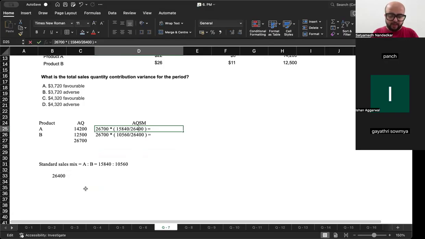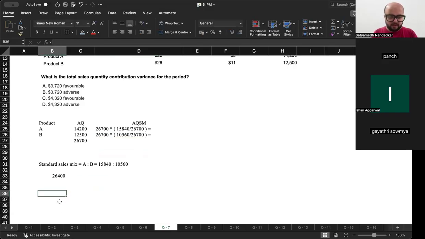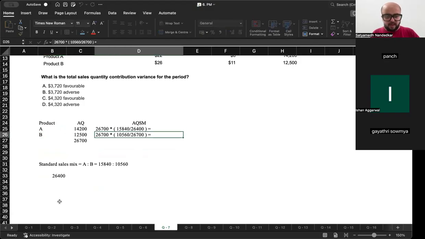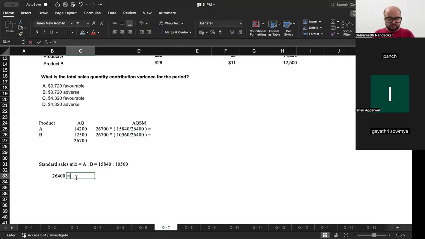I don't know why I wrote 26,400. My mistake. Denominator मेरा गलत था. No, no, no. Sorry. I am distracted, I think. 26,700 into 15,840 upon 15,840 plus 10,560. 16,020.